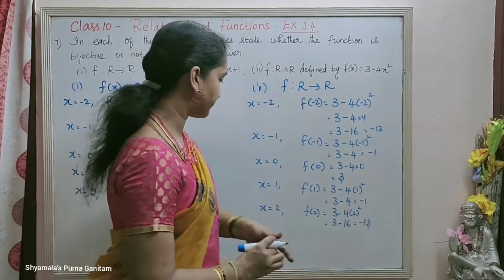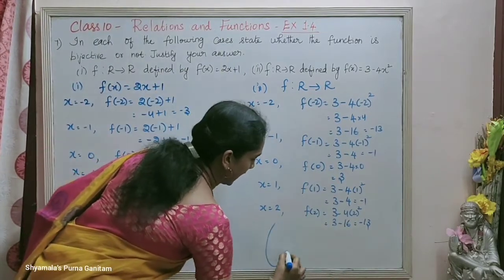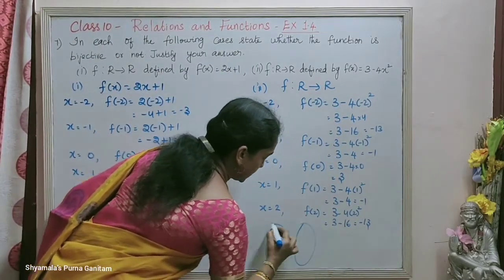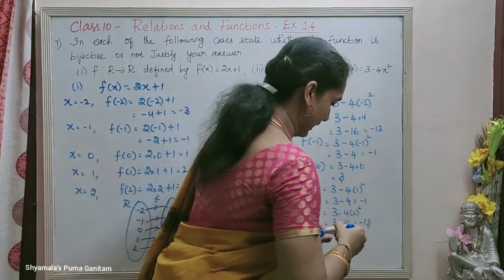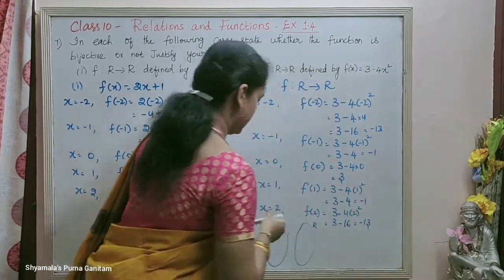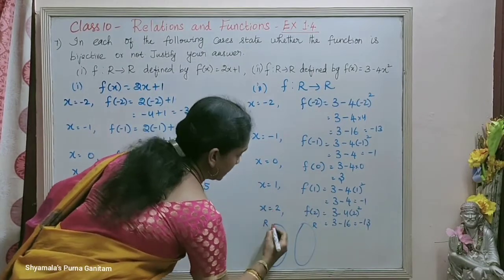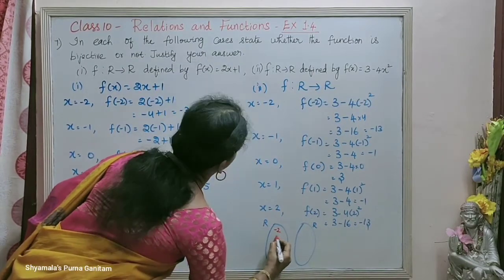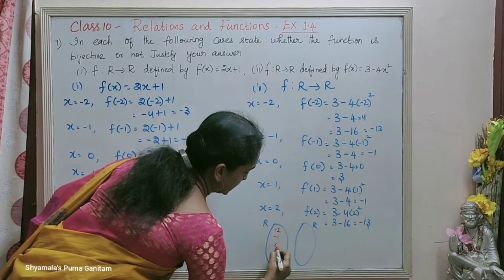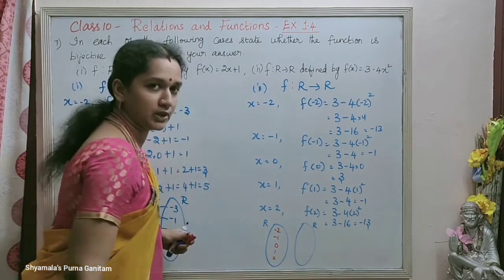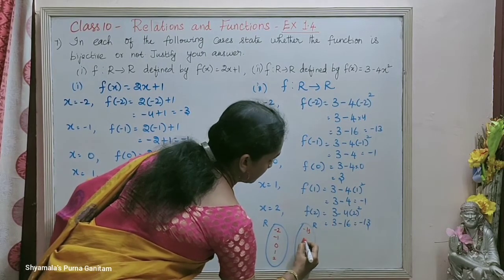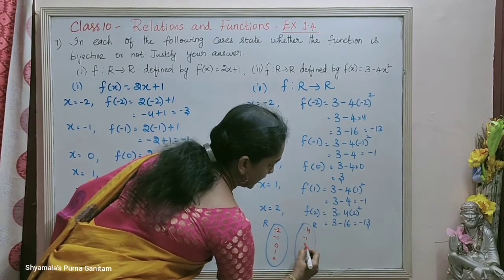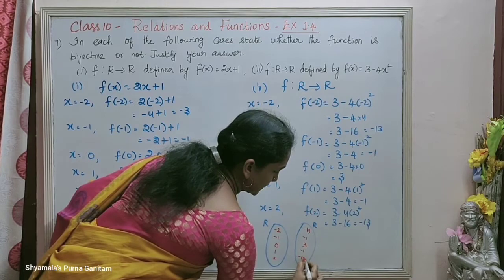So when we check this with the arrow diagram, both the sets are R and R. If you take minus 2, minus 1, 0, 1, 2 for the first set, and for the second set minus 13, minus 1, 3, minus 1, minus 13.